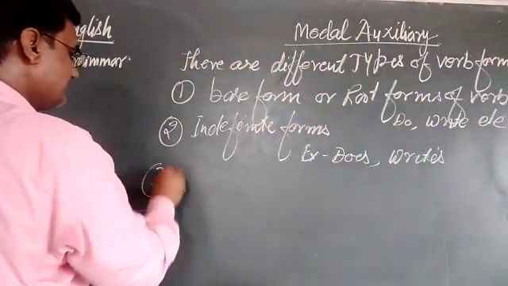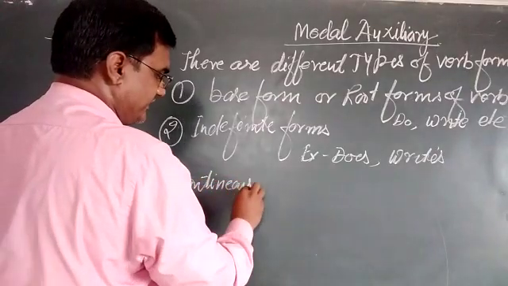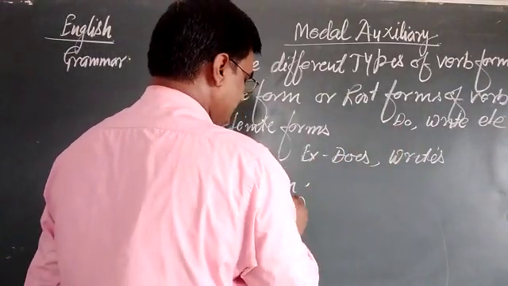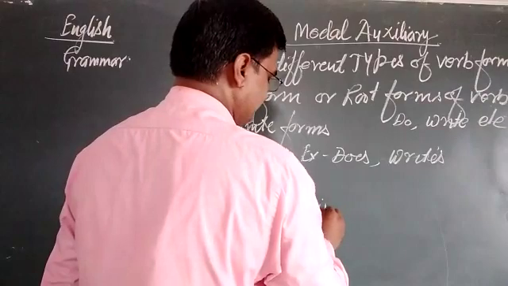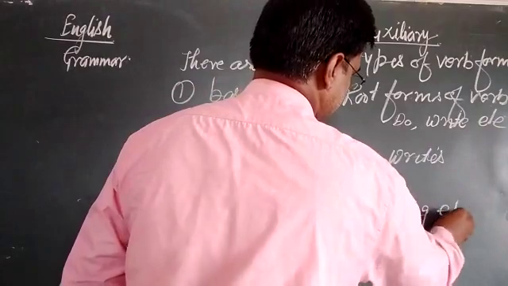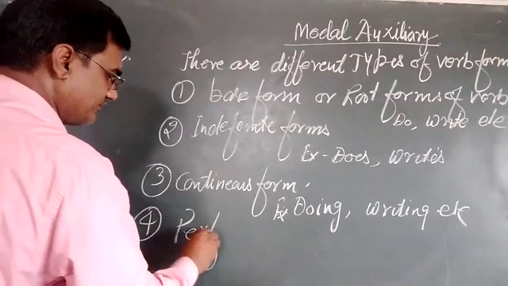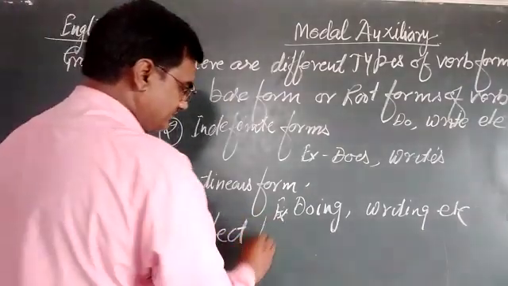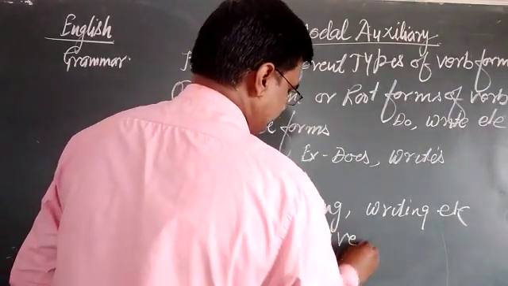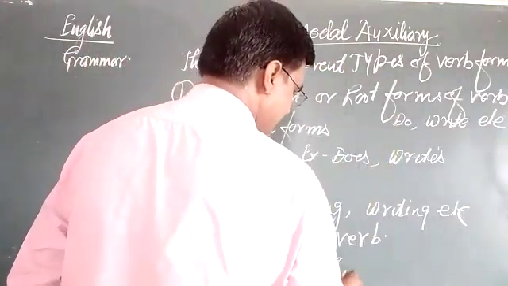Now third, continuous form. Continuous form, just like do, continuous form: doing, writing. And fourth is the perfect form of the verb. Perfect form is like do, perfect form, done.